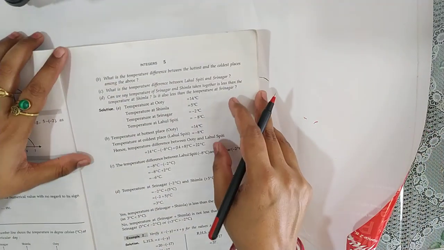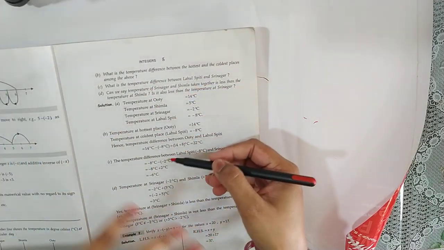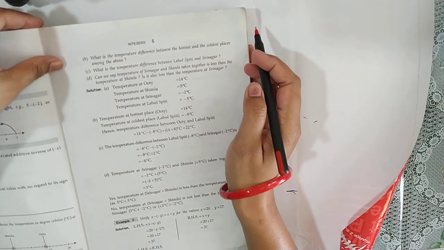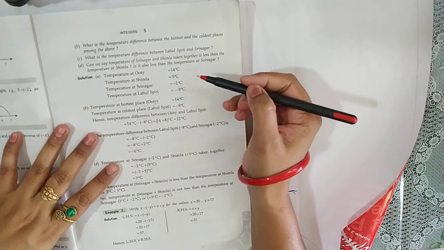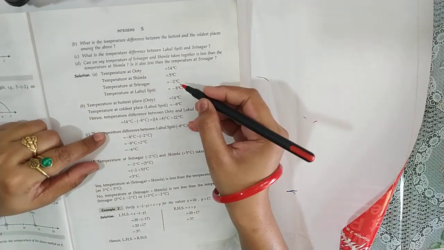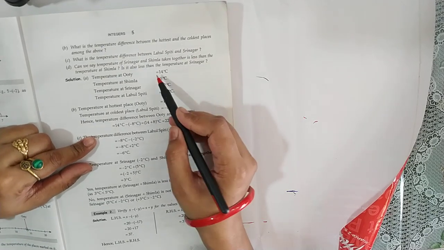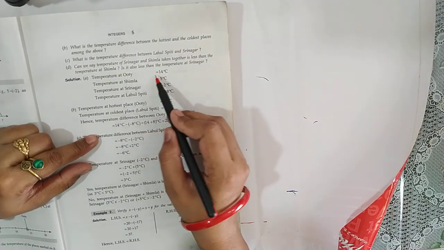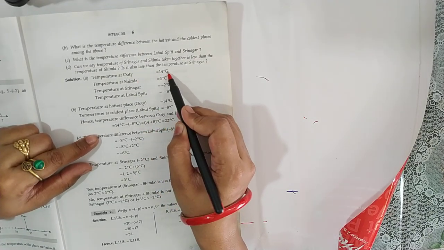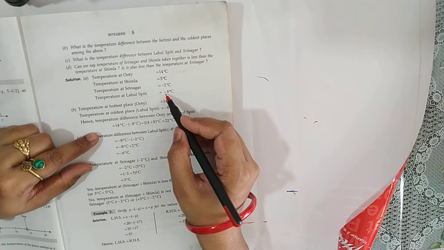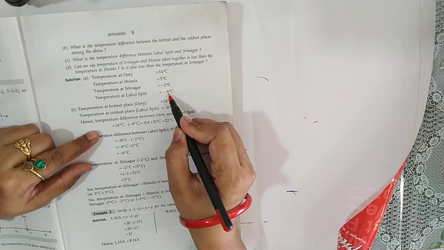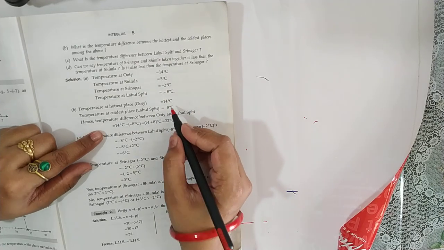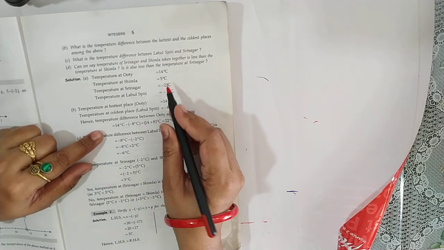Now we will move on to the second part. What is the temperature difference between the hottest and the coldest places among the above? Here we can see that the hottest place will be Ooty because the temperature is high, that is 14 degrees Celsius, and the coldest place will be Lahul Spiti, that is -8 degrees Celsius. Now we have to find the difference of these two.